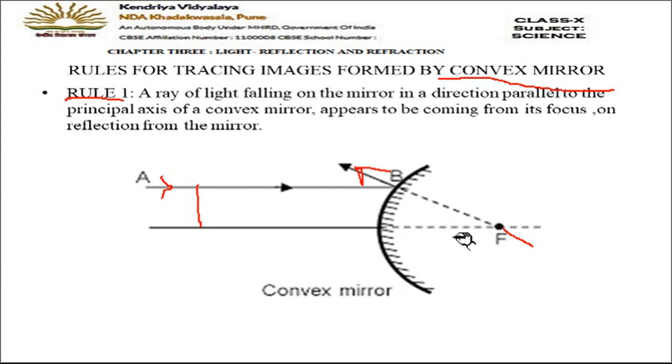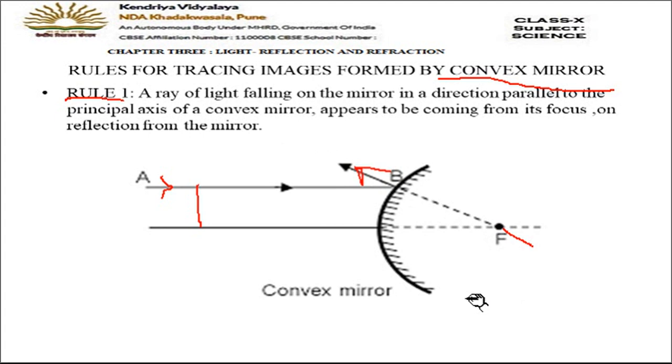It appears, it is not actually coming, students, it appears to be coming. Okay, so if you back trace this ray of light, you will find that it is coming from F. So a parallel ray which is coming will be reflected this way, as if from the focus. So the reflected ray appears to be passing from the focus point. This is rule number one.